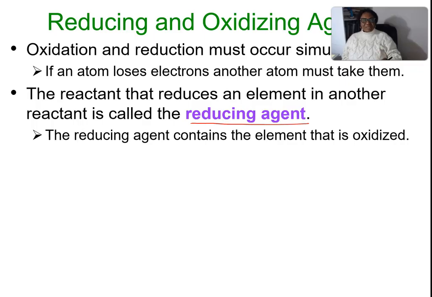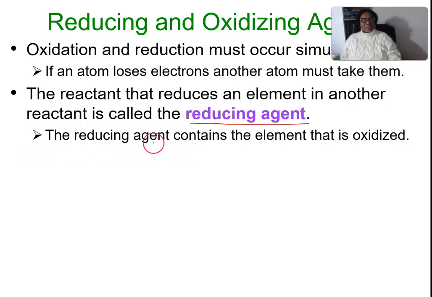It means the reactant that has an element that gives out an electron, which is being picked up by another element in another reactant, is called a reducing agent.